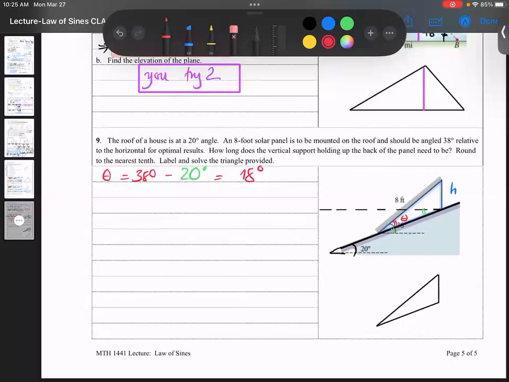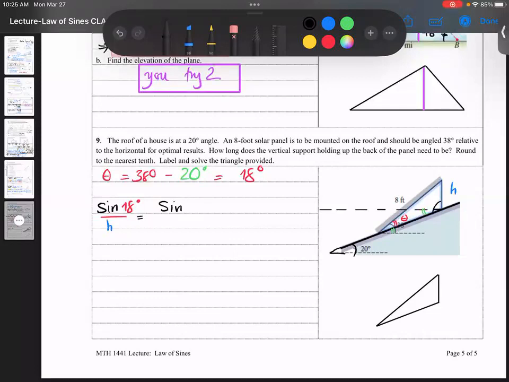Now I can calculate H, right? So sine of 18 degrees, sine of 18 over H equals sine of what? I need one more angle though. If this one is 20, what's the big one? The one in black right here, what's the big one?